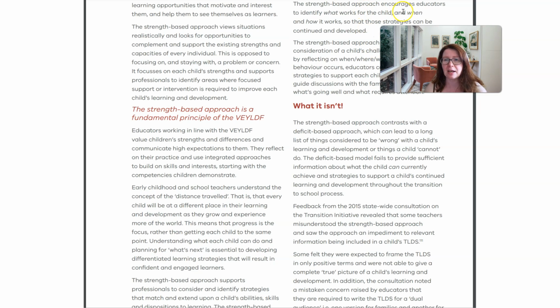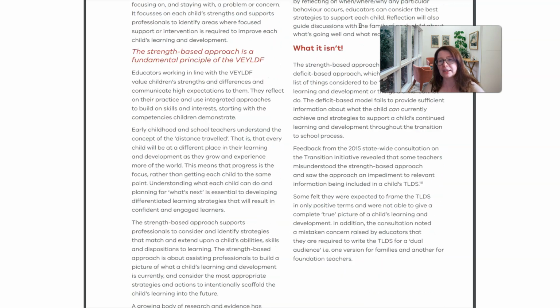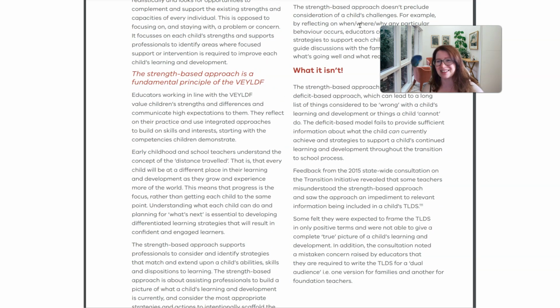So we need to consider what triggers the child. So when do they bite? Yes. So we also need to think when this strategy may potentially work, and how does it work. And all this requires reflective practice and collaboration. So the strengths-based approach doesn't preclude consideration of a child's challenges. So it doesn't mean that we are only saying positive things about children.